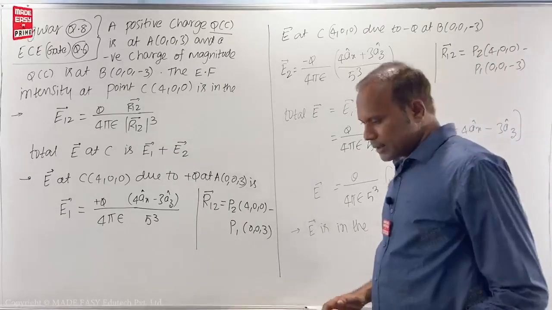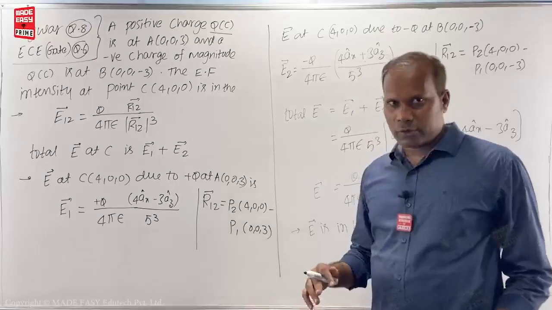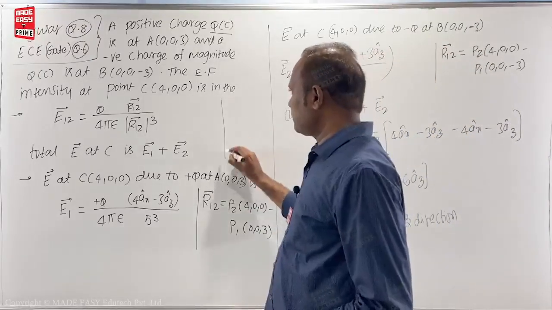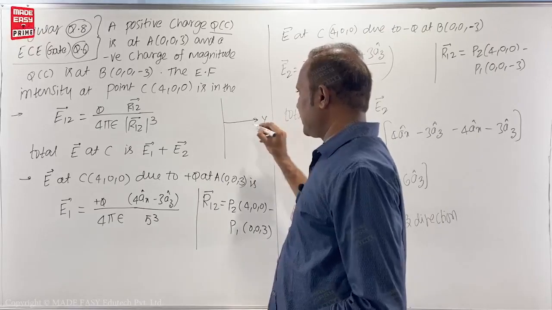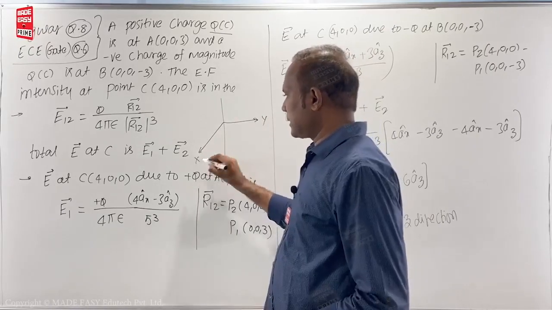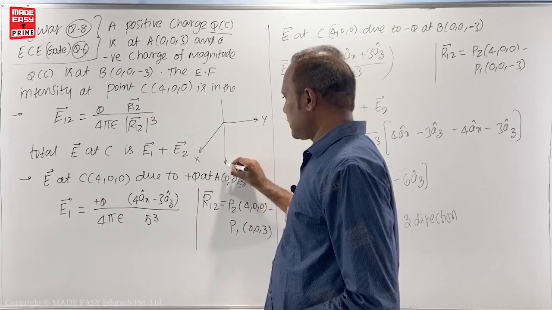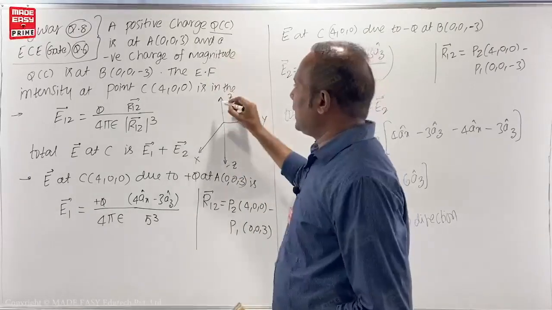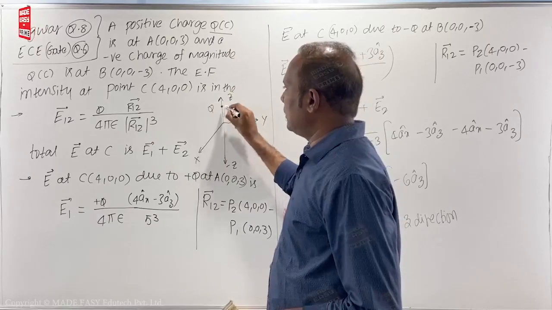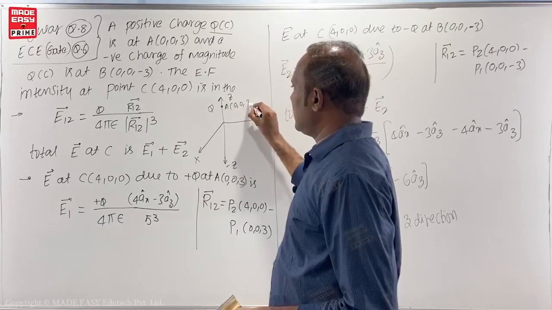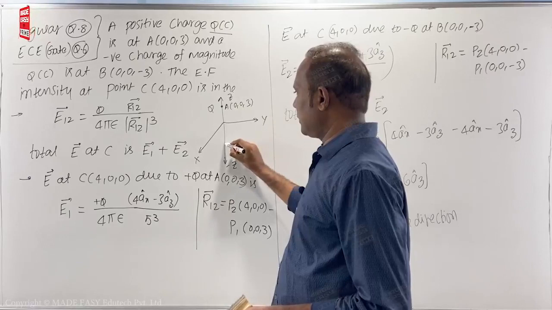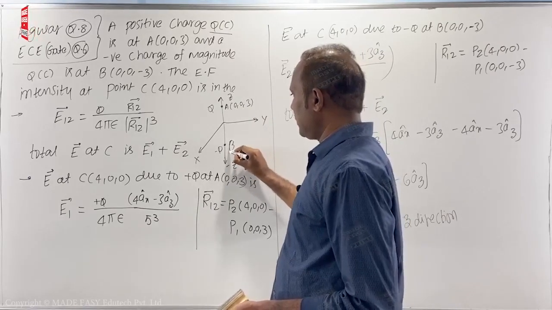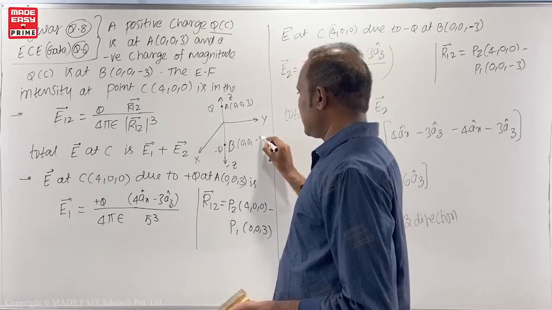Dear friends, there are two methods to solve this question. Another method is, you take this as the y-axis, this as the x-axis, this as minus z, this as plus z. Here point A is at (0, 0, 3), positive z-axis. Then minus q charge is at point B, (0, 0, -3).